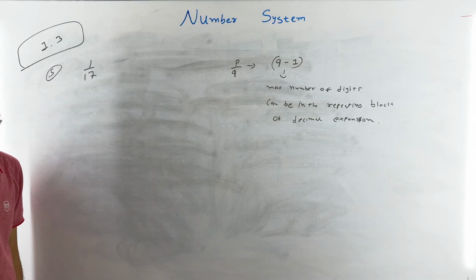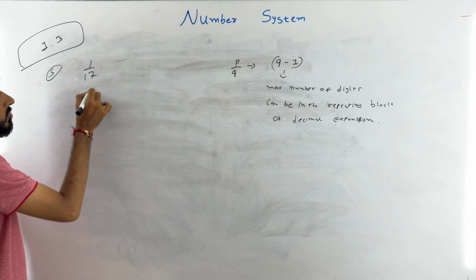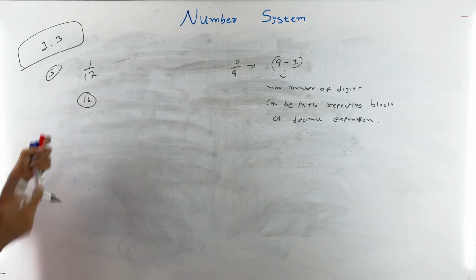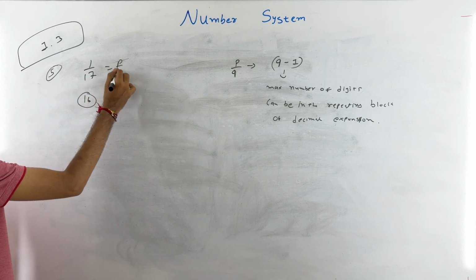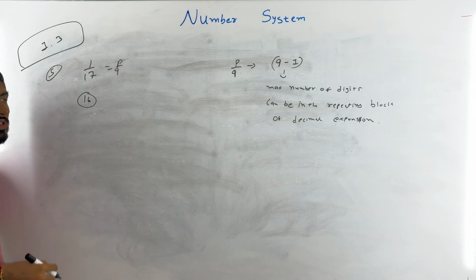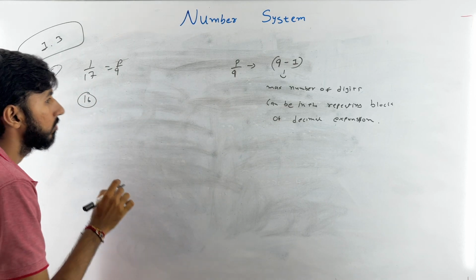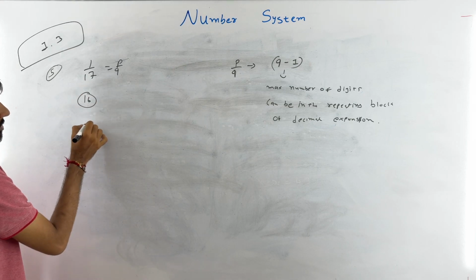So here the answer will become 16, because we have the denominator as 17. P by q, here q is 17, so our answer will be 16. 16 is the maximum number of digits that can be in the repeating block of the decimal expansion.